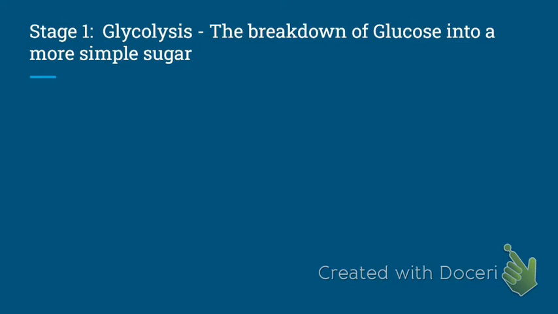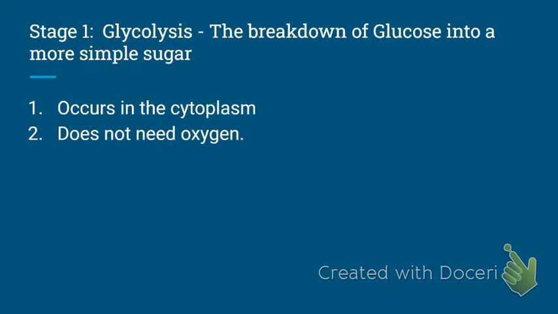So instead, we have glycolysis occur, and it takes the glucose and it breaks it in half, basically. This occurs in the cytoplasm of the cell, not actually in the mitochondria. It does not need oxygen, so specifically glycolysis, the breakdown of glucose, doesn't need oxygen. It just happens in the cytoplasm.